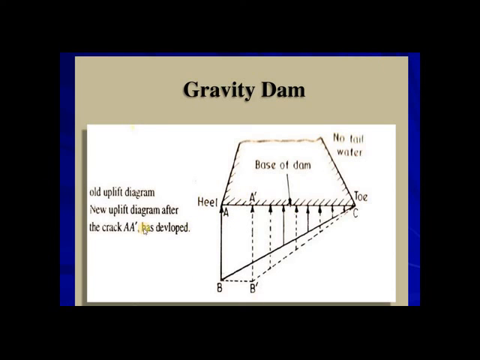The dark line, the complete solid line, this line and this line, so A, B, C was the original uplift diagram. So what will happen when cracks are developed? When a crack from A to A dash is developed, a new diagram will develop.